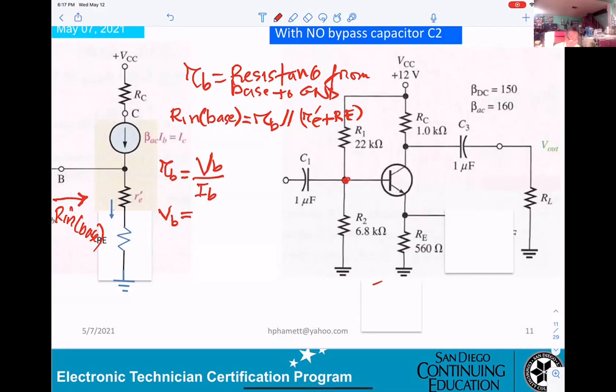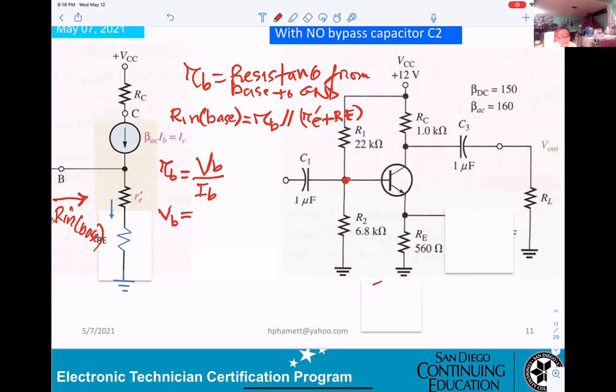By definition, if I give you the meter and tell you, okay, measure for me the voltage at the base, you connect positive to the base. Where is the negative? Ground.